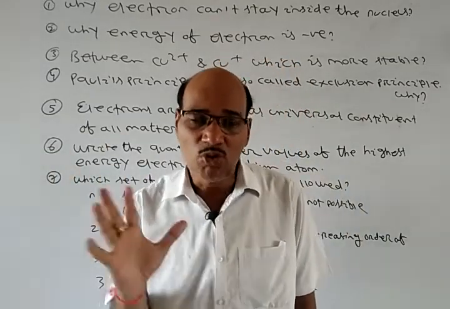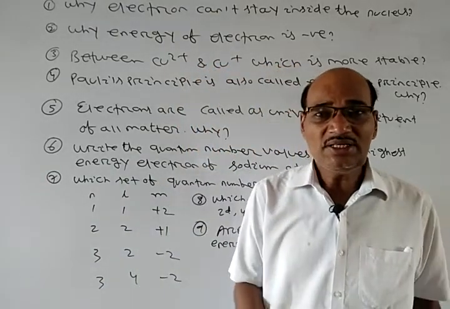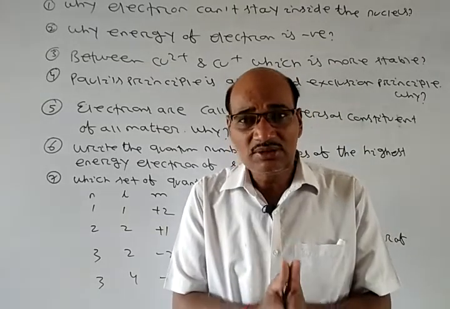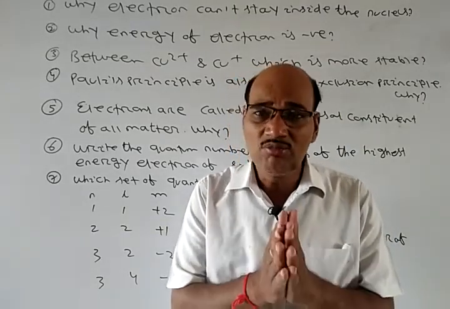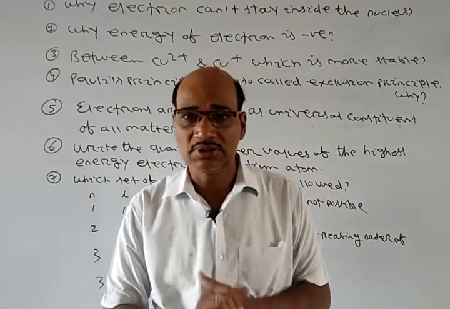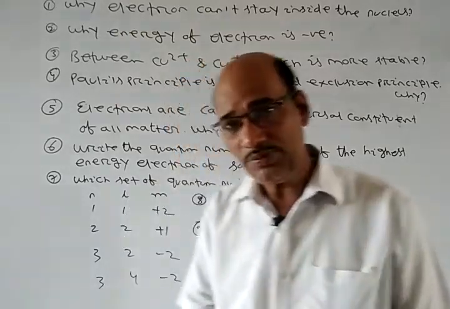That is more than the velocity of light. That means if the electron were inside the nucleus, its velocity would be more than that of light, which is not possible. That means the electron cannot stay inside the nucleus.